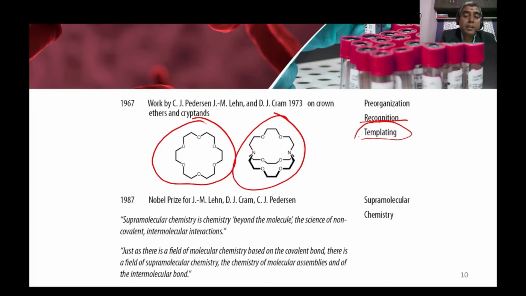And all these three scientists together in 1987 received Nobel Prize for supramolecular chemistry. They said that just as there is a field of molecular chemistry based on the covalent bond, there is a field of supramolecular chemistry, the chemistry of molecular assemblies and of the intermolecular bond.